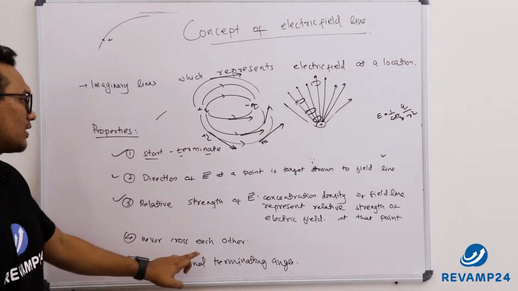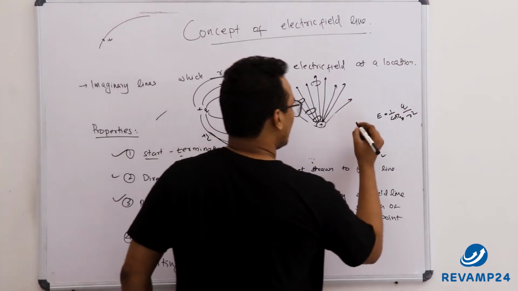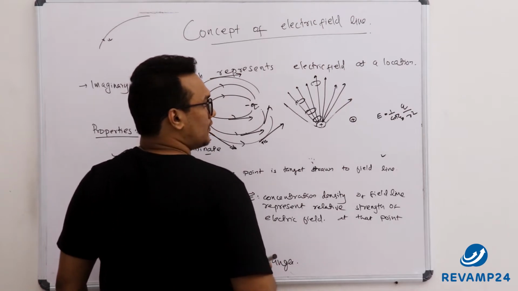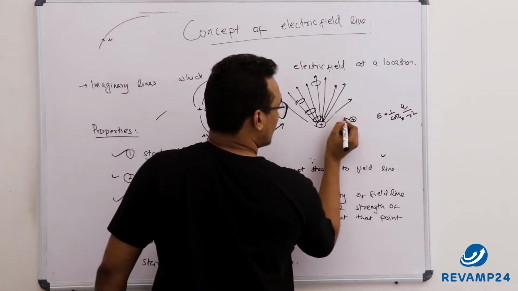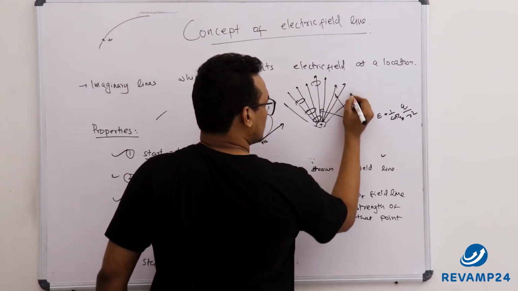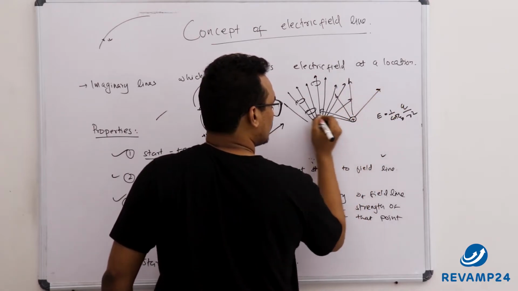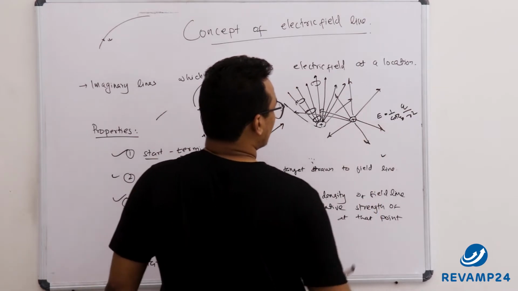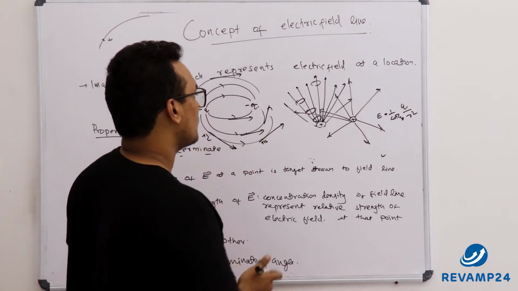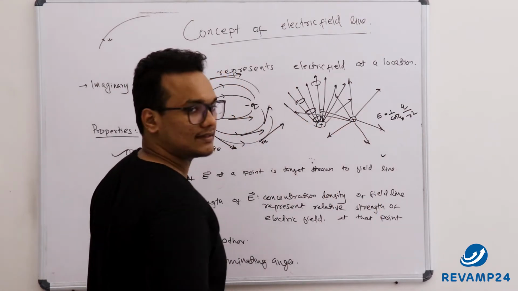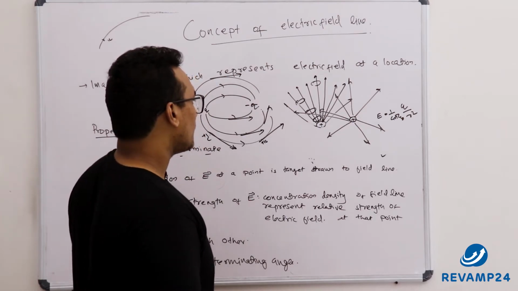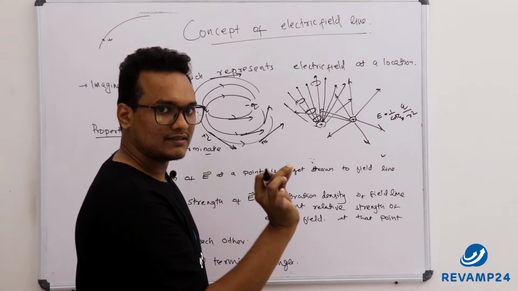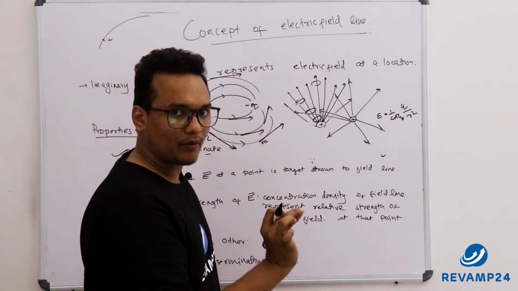Now they never cross each other. So for example, we have one more positive charge here. Now in which way will we draw electric field lines? It will be away from the positive charge. But see, as per our thing, if we are keeping field lines in this way, we know that anywhere on a field line, if I am placing 1 coulomb, just draw the tangent at that point.